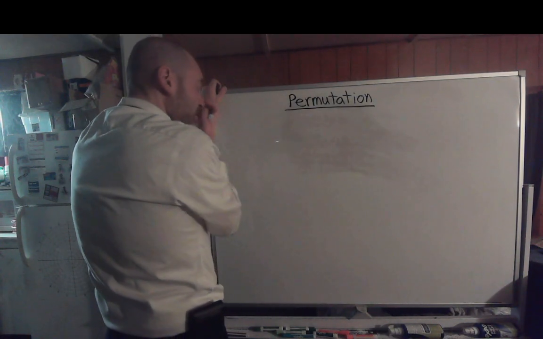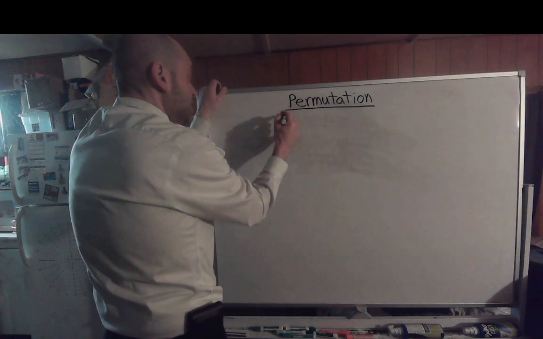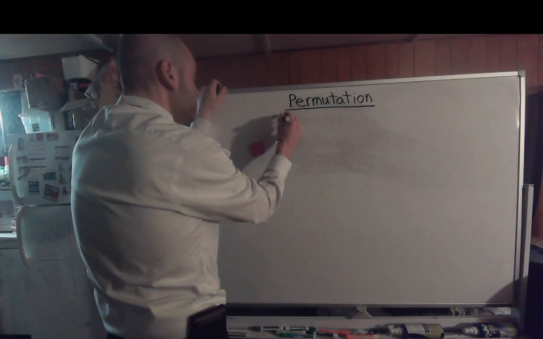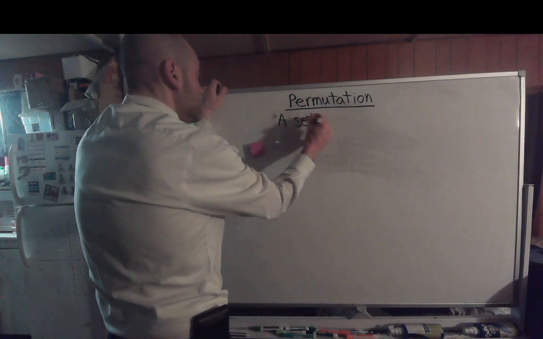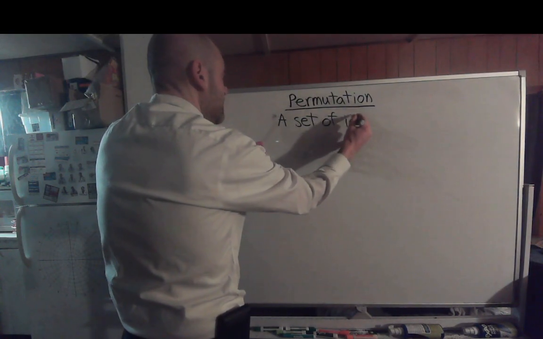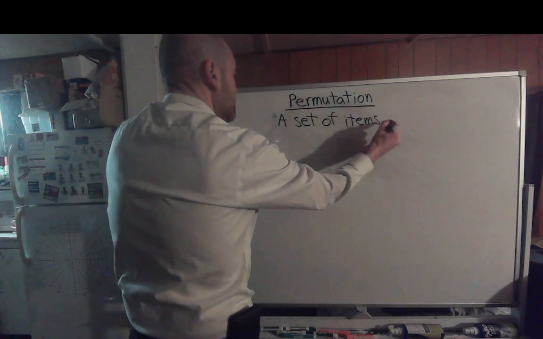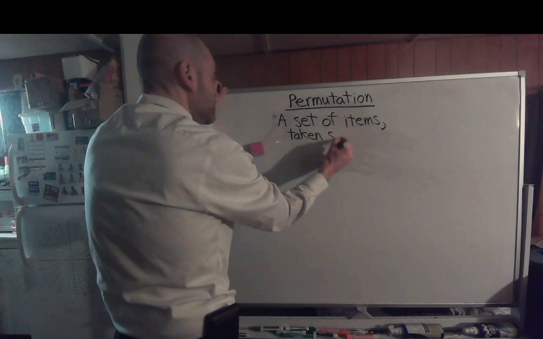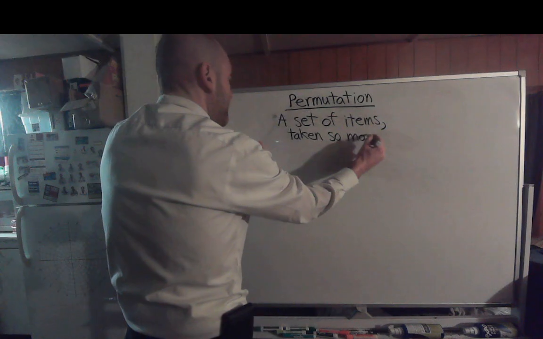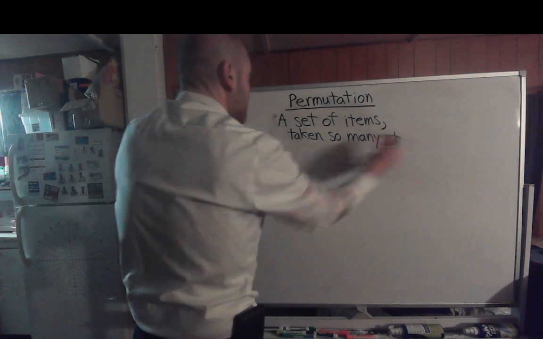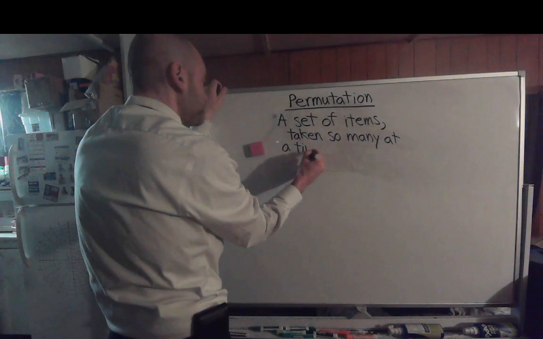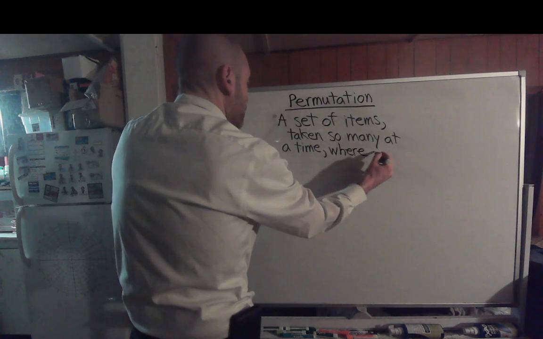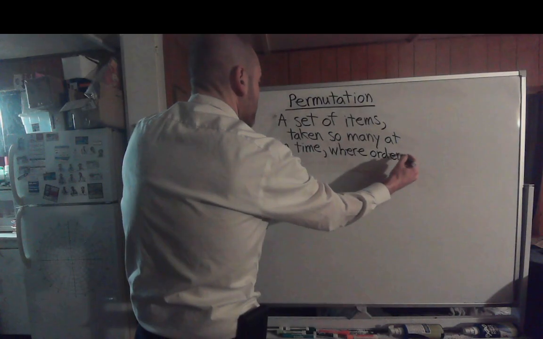That's when you have a set of items. So a permutation is a set of items taken so many at a time where order matters.